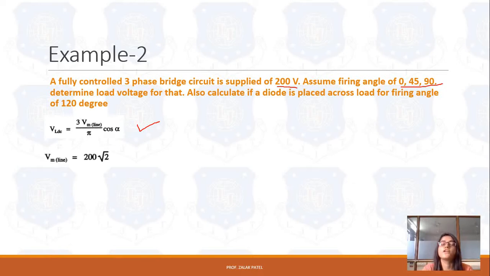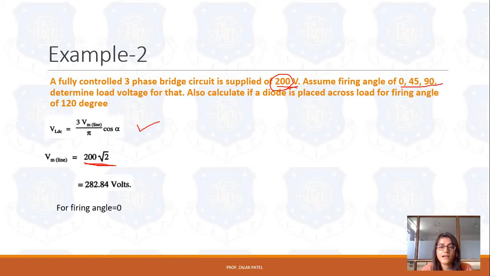So maximum voltage can be found out using the RMS voltage. Here the RMS voltage value is given, that is 200 volt. So it is 200 into root 2, that gives us the maximum value. This equation we already derived in example number 1. So simply put the values. So it is 282.84 volt, Vm of line.